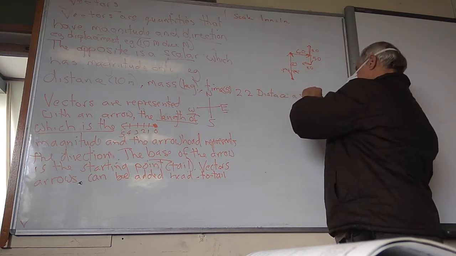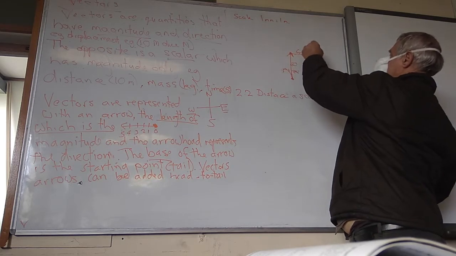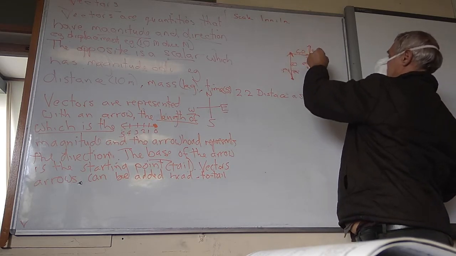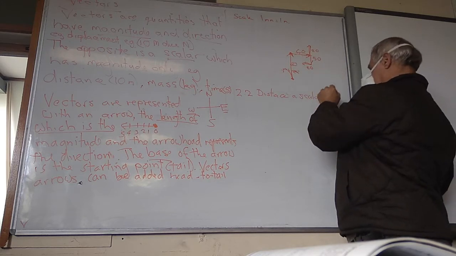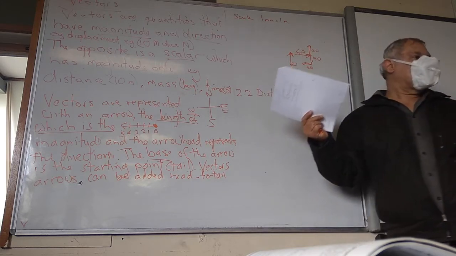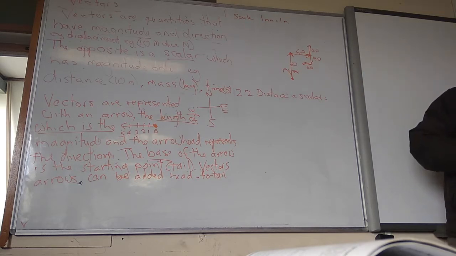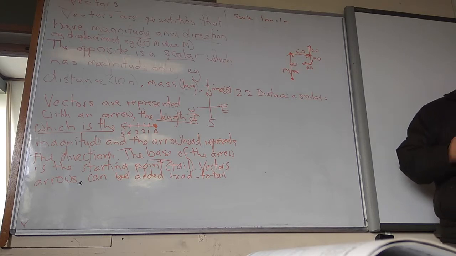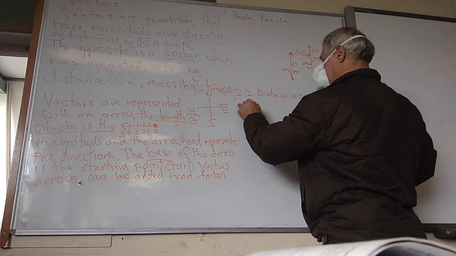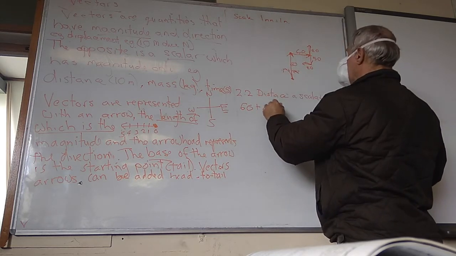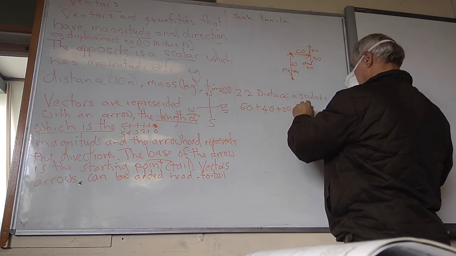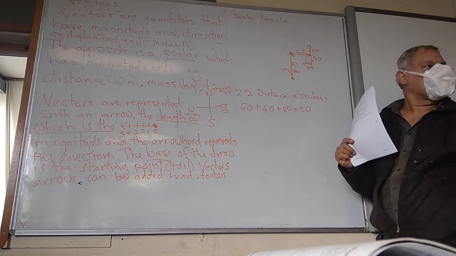So what do we do? We just add 60 and 40 is 100, plus 20, 120, plus 50, 170, plus 20, 190. He's travelled a total distance of 190 meters. You see, we don't care about the direction.